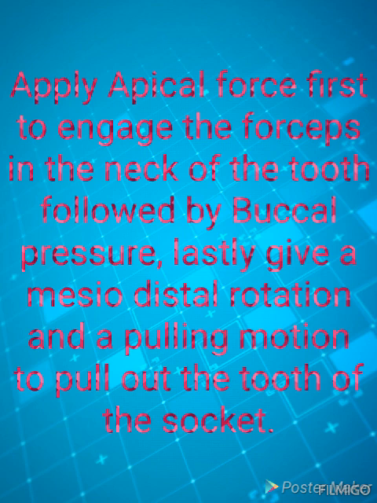Apply apical force first to engage the forceps in the neck of the tooth, followed by buccal pressure. Lastly give a mesial distal rotation and a pulling motion to take the tooth out of the socket. So for all anteriors we have to apply buccal or labial pressure and rotational force.